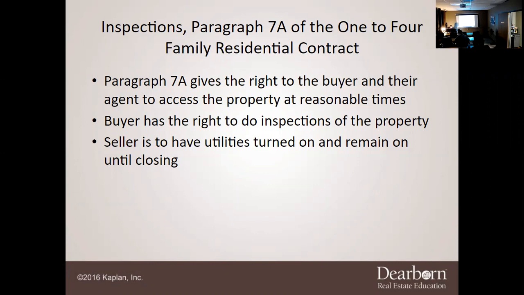Turned on and remain on until closing. Cannot tell you how many times I've dealt with sellers that want to be cheap, and they're like, well, we moved out of the property, we turned off all the utilities. Well, you just cost yourself some more money to turn them back on. Okay? Not my problem. Turn them on. They have to stay on because the inspector has to inspect the property.